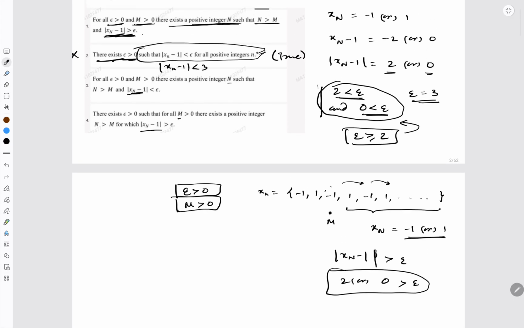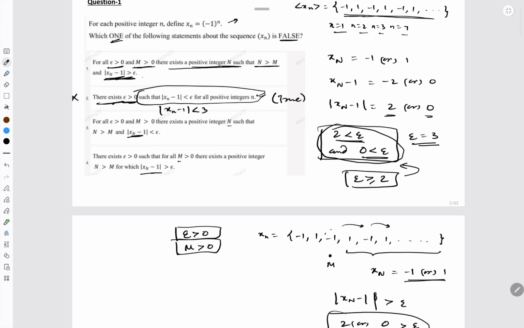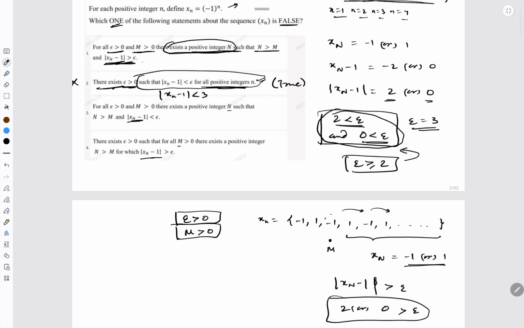It is not that kind of situation, because it is saying that there exists a positive integer. It is not saying that for all positive integers it should be true. If it would have been for all integers, we should be worried about every value that is coming after index m, but here it is just there exists, right?